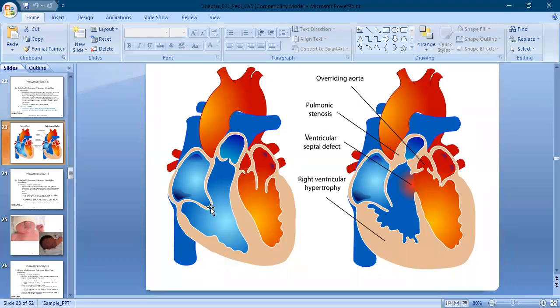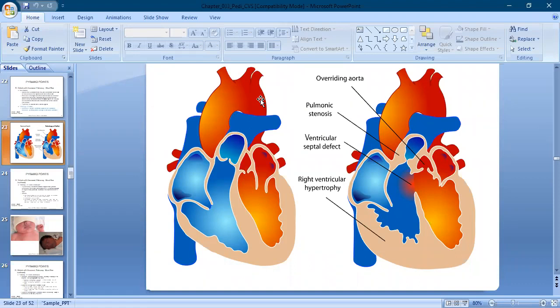If the opening is there, the deoxygenated blood goes directly to the left ventricle. So deoxygenated blood mixes with oxygenated blood, carbon dioxide is mixed with this blood, and this deoxygenated blood is distributed to the body through the aorta, and the patient becomes hypoxic, with less oxygen to the tissue, exercise intolerance, right?